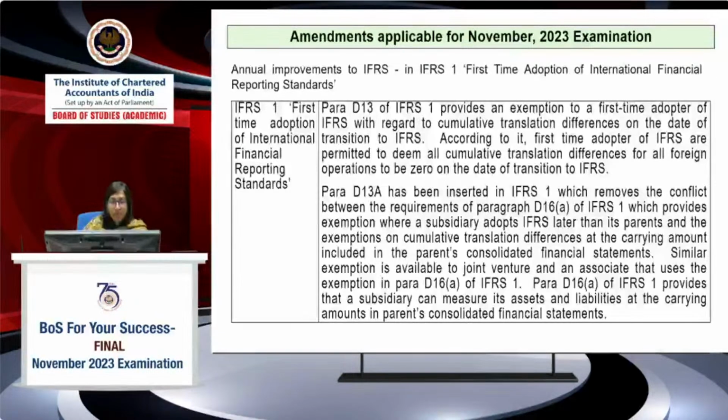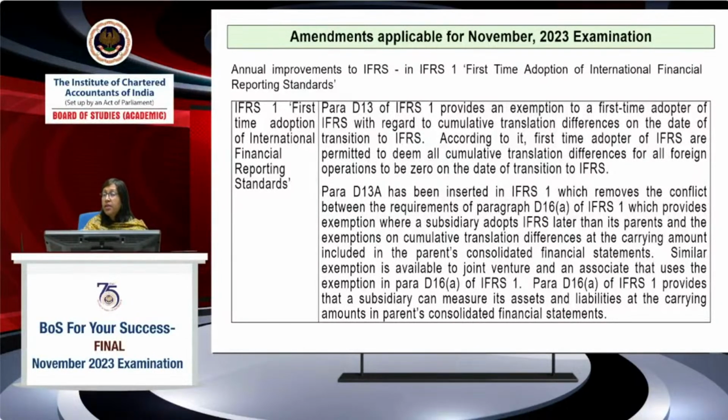Okay, this was an amendment in IFRS 1 which says that, regarding cumulative translation difference, if a holding company is adopting IFRS for the first time, they were given an option to recognize cumulative translation difference as deemed zero, and later on it was built up.